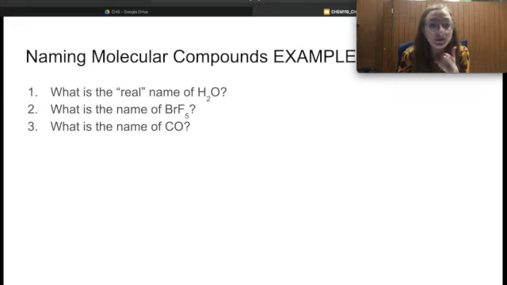For the oxygen, I see that it has no subscript, so therefore it basically has a subscript of 1. So your oxygen would get a prefix of mono. However, we have to be careful that it's the second element, so therefore it gets the ion name. So I have monoxide. Carbon monoxide.